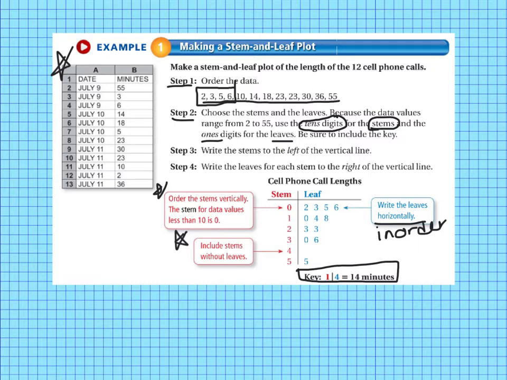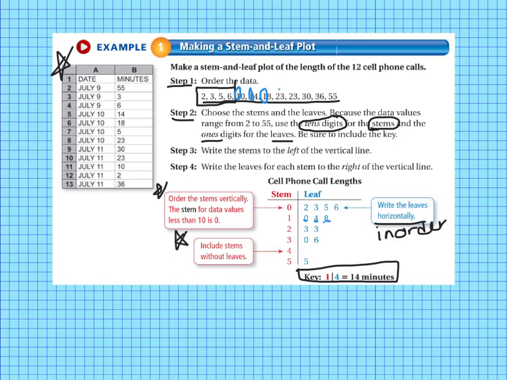And then for those numbers that have a 1 in the tens place, we write their leaves. So we have a 10, so that's a 0 on the right, and we have a 14, that's a 4 on the right. We have an 18, so that's an 8 on the right.